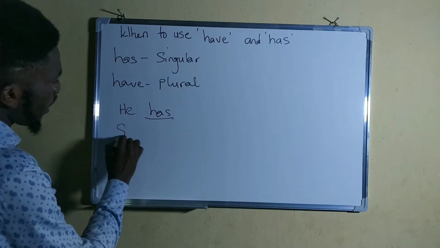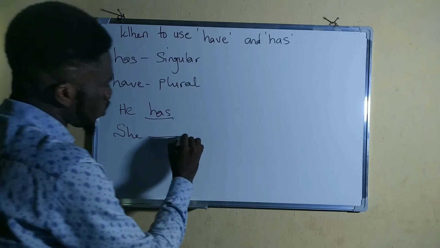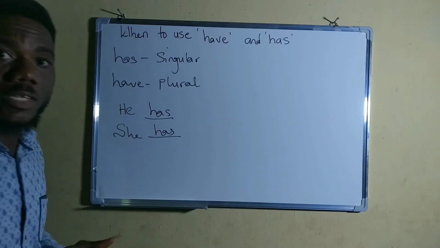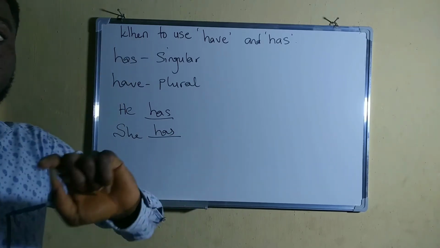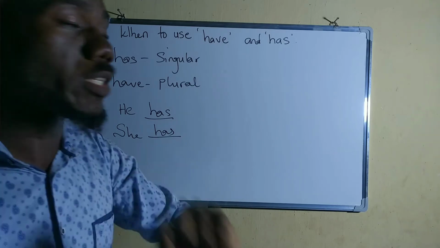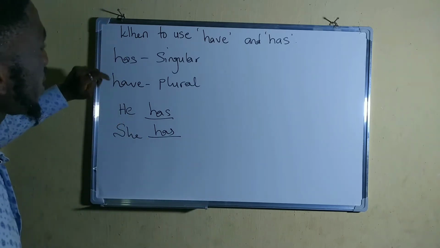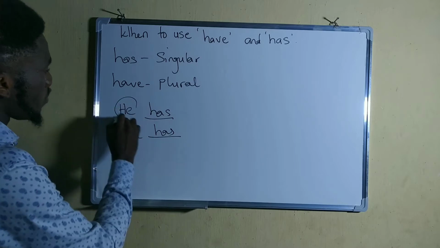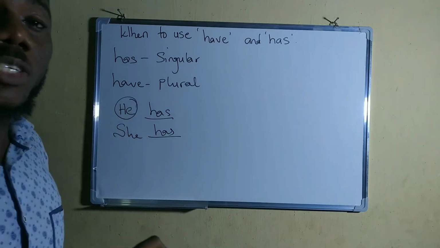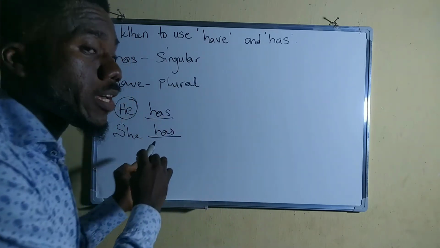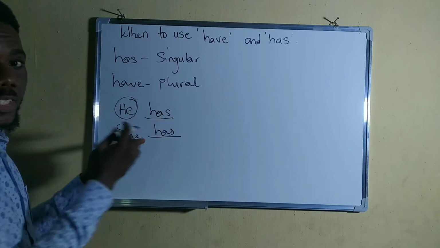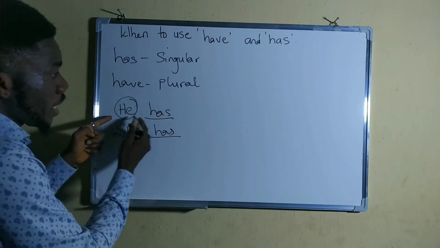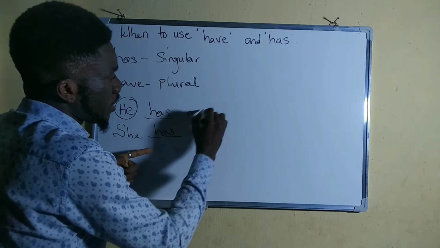Again, when you have something like she, it should also go with has because she is equally singular in nature. Remember we said that a rule says that whenever the subject, this is what we mean by the subject, whenever the subject of a sentence is singular, the verb there must be singular. This is why you have something like this. Maybe let's say, he has a book.